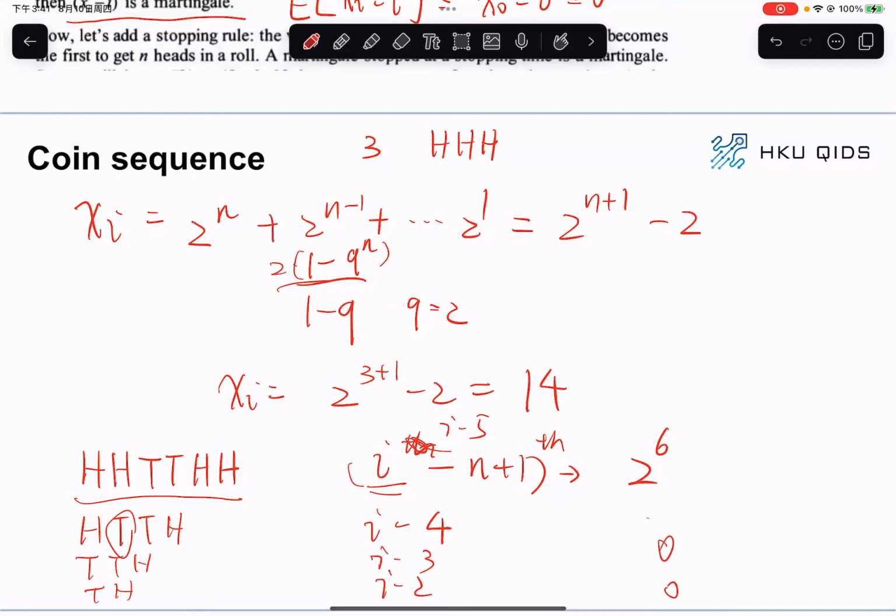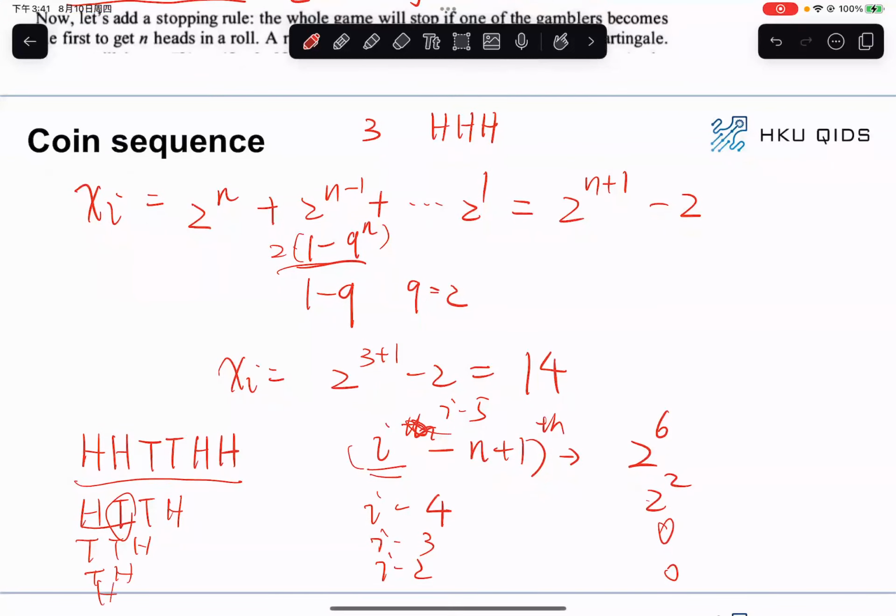And this is going to be 2^2 because he loses in the second toss. And how about the last player? The last player has H, which wins 1 toss, which is 2. So we know the expected value of Xi minus i is going to be 2^6 plus 2^2 plus 2^1, which is equal to 0.